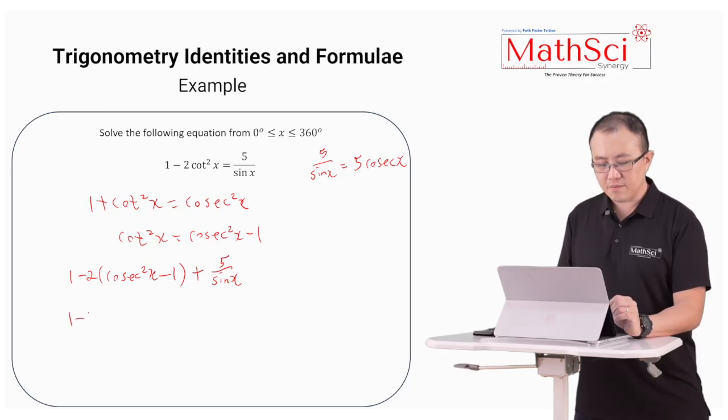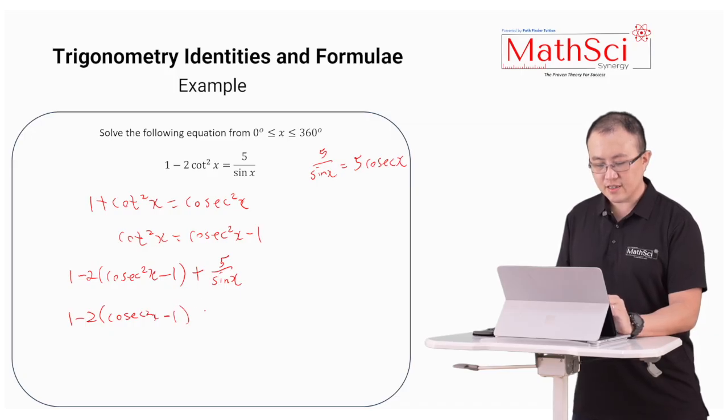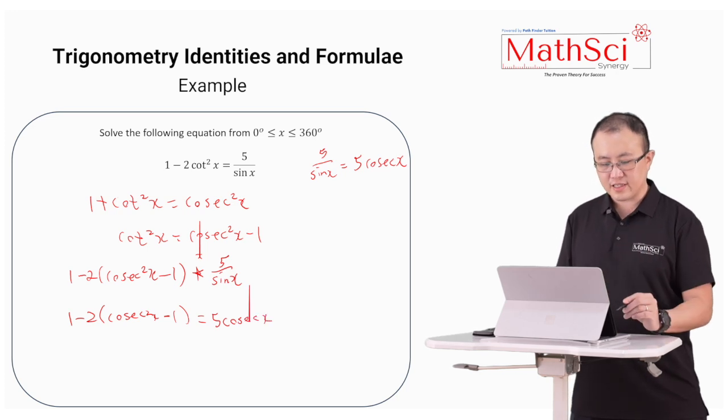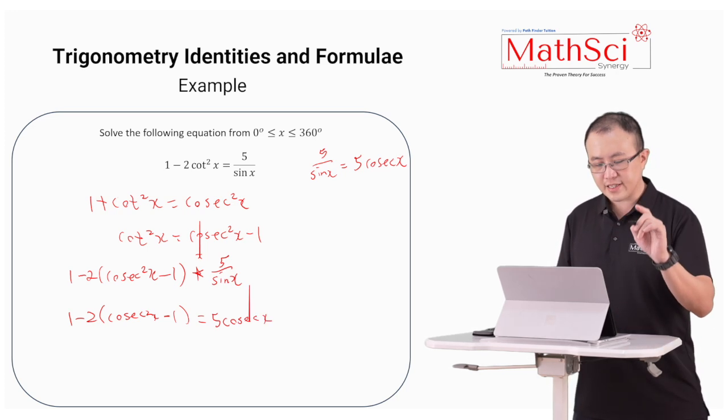So now actually we're going to put it in. We get 1 minus 2 (cosecant square x minus 1) equals 5 cosecant x. Now I bring everything to one side.